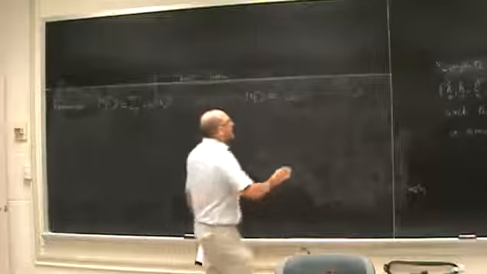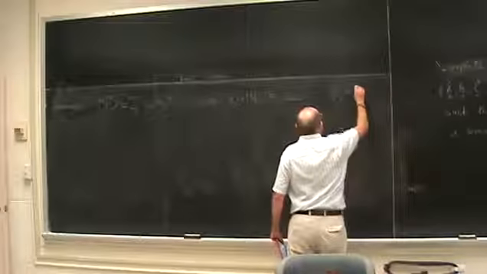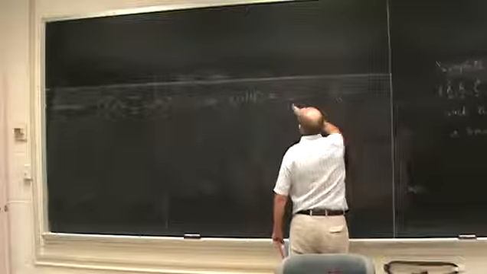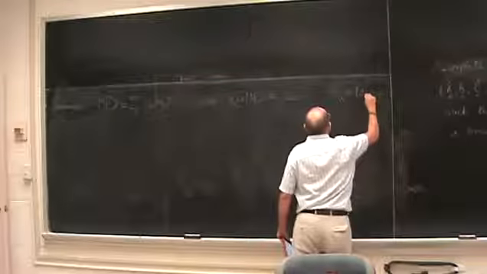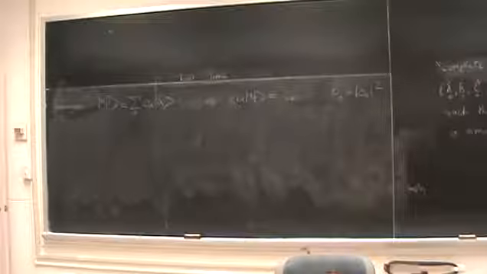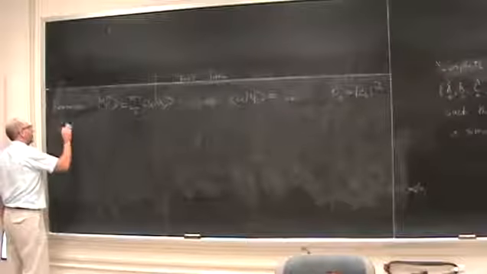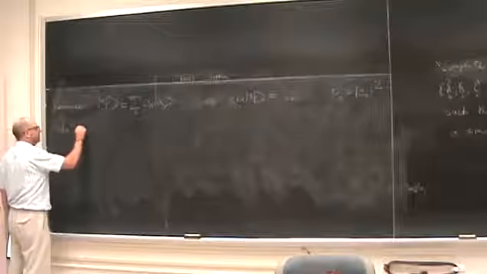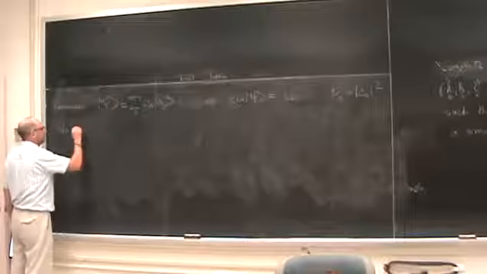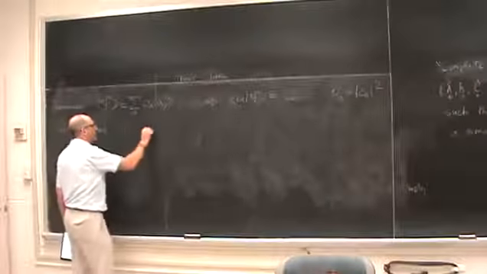So the probability to see the outcome A is this probability amplitude squared. It's another way of writing the same thing. Right? Moreover, we assumed psi is normalized.